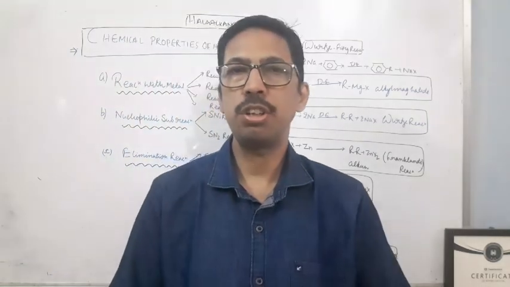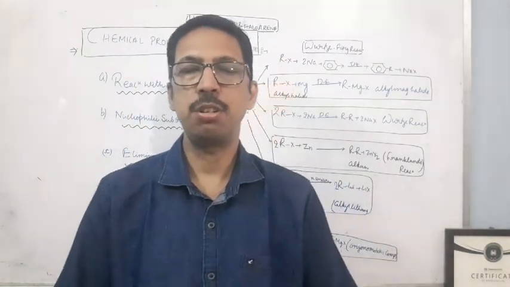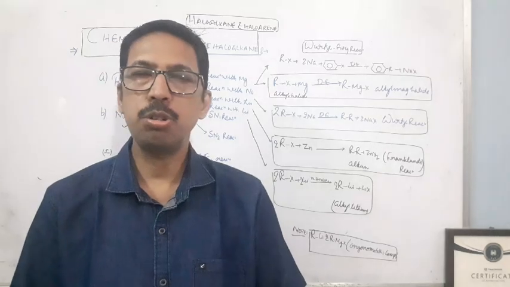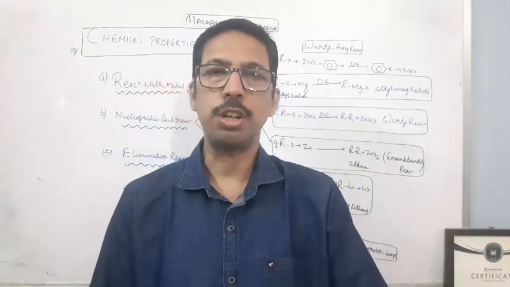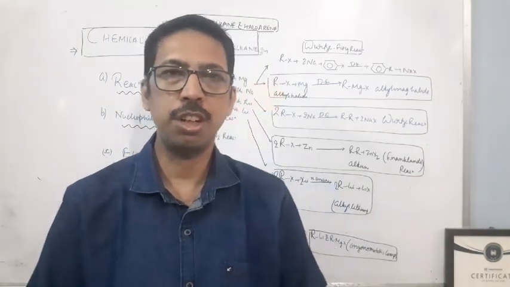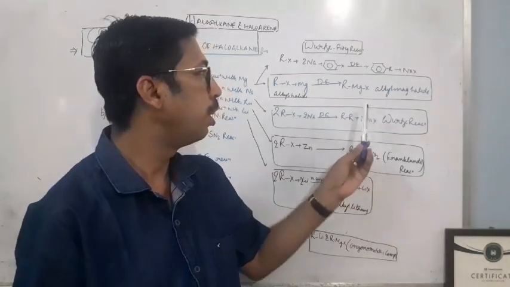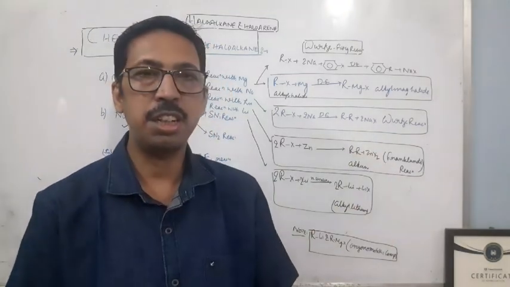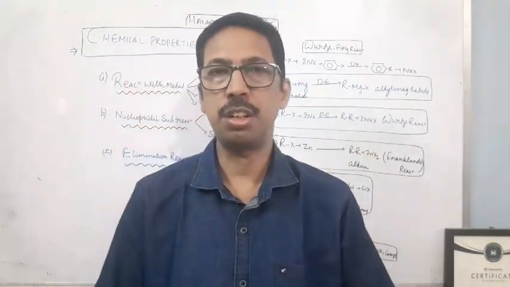Why is it known as synthetic organic reagent? Because almost all types of organic compounds can be synthesized by using alkyl magnesium halide, that is Grignard reagent.